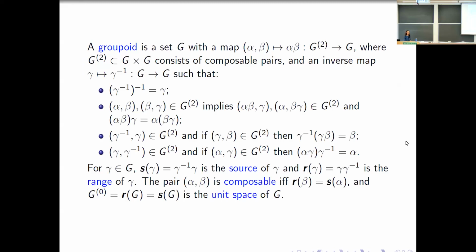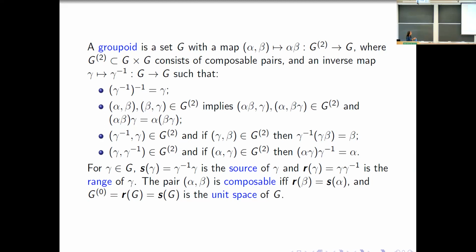All right, as I said, Elizabeth yesterday already mentioned what a groupoid is, but I would just like to recap it, so that if any of you is not familiar with this notion, here is the definition, and also for me to fix the notation I'm going to use. For my talk, I will denote by G a groupoid. As Elizabeth said yesterday, in a groupoid you cannot always just compose two elements.